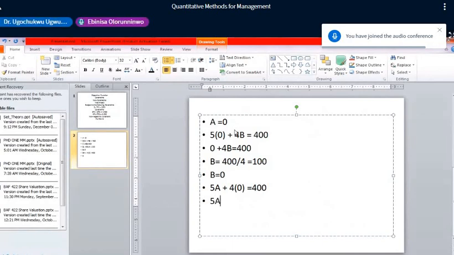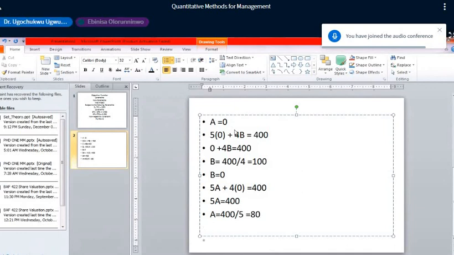5A will be equal to 400. So A will be 400 divided by 5, and this will be equal to 80.